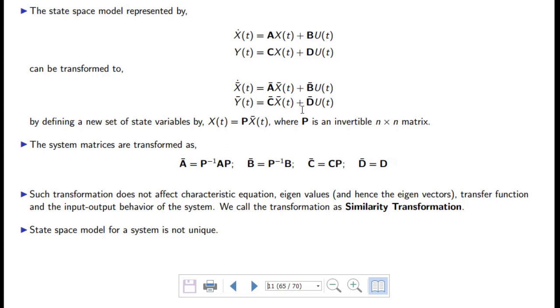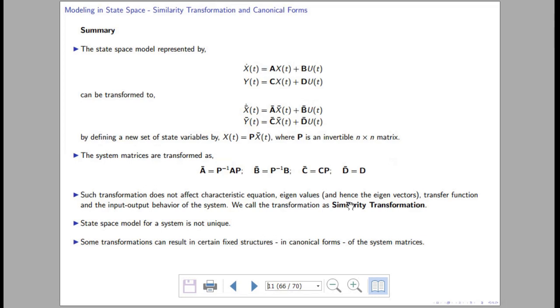Apart from these canonical forms, I can pick any matrix for P and get the transformed matrix. Therefore, the conclusion is the state space model of a system is not unique. But even if it is not unique, all the models will have the same characteristic equation, eigenvalues, transfer function, or input-output behavior. That is a wonderful thing about the state space model.